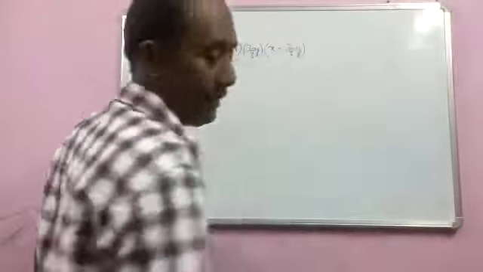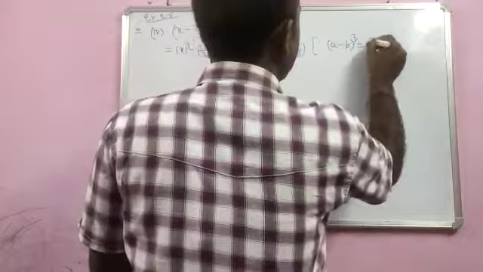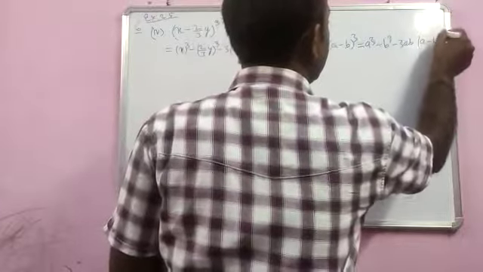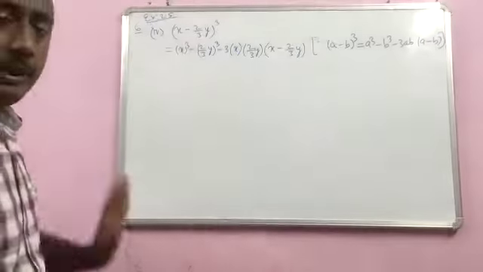Here we will give the same reason, that since (a minus b) whole cube is equal to a cube minus b cube minus 3ab into (a minus b), here our a is x and b is 2 by 3y.